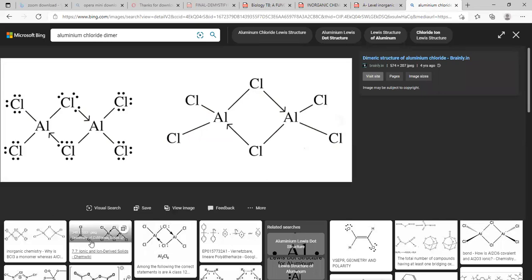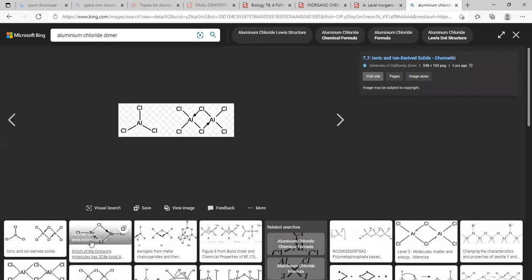It does not exist as this first diagram, where it is aluminium trichloride. It is dialuminium hexachloride. That is, you have two aluminium atoms plus 6 chlorine atoms surrounding these two. So that is how it exists as a dimer.